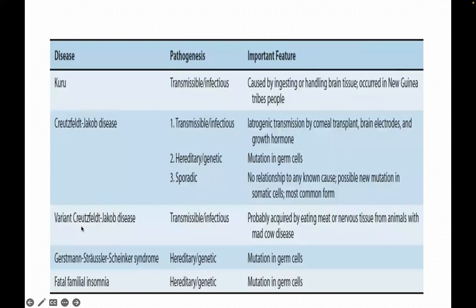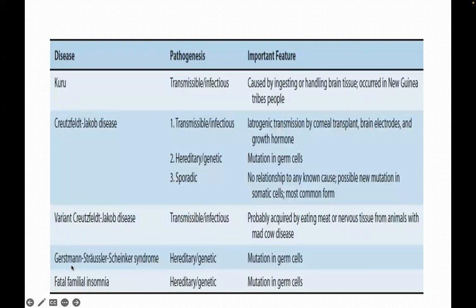Then we have the type that is called variant Creutzfeldt-Jakob disease. This one is transmissible or infectious, and it is hypothesized that it is usually acquired by eating meat or nervous tissue from animals with mad cow disease. So if the cow is already infected, and we said cooking or boiling will not kill the prion, the scrapie, so if you eat meat from an animal that was already infected, then humans will get the variant CJD.